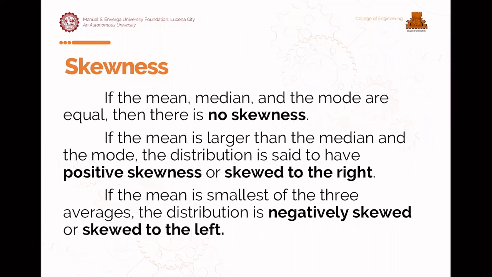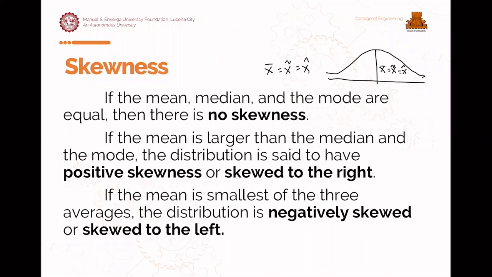So, if the mean, median, and mode are all equal, there is no skewness, no? It means our distribution is symmetrical, so we have a normal distribution. Okay? So all the values are equal: x tilde and x hat are equal.